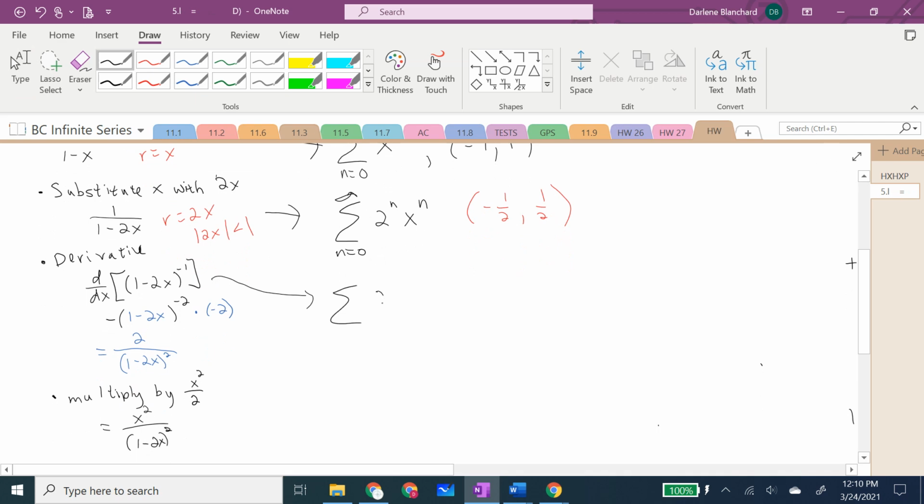The constant multiple stays, and then the derivative is nx to the n minus 1. The radius of convergence will not change with the derivative, but I might gain endpoints with the interval of convergence.